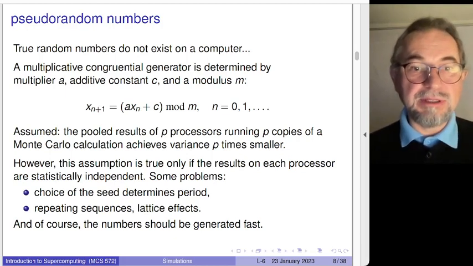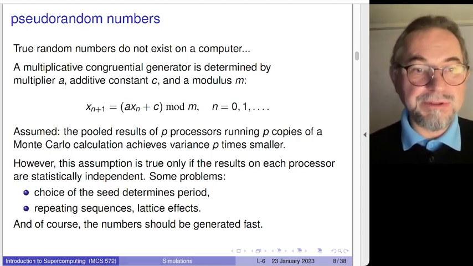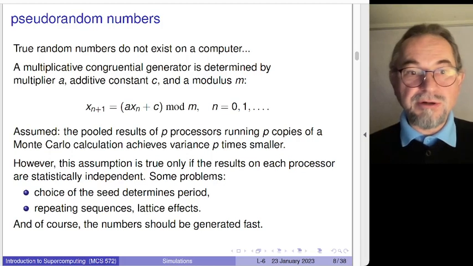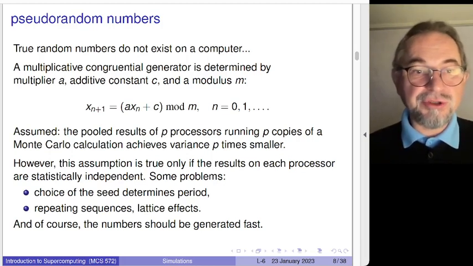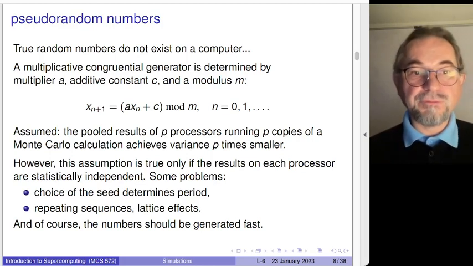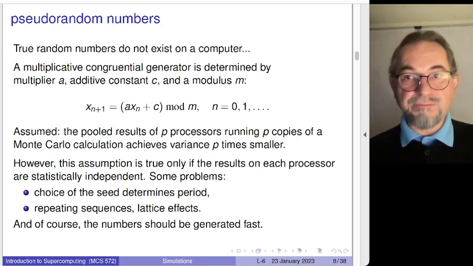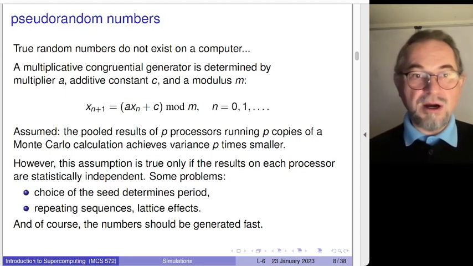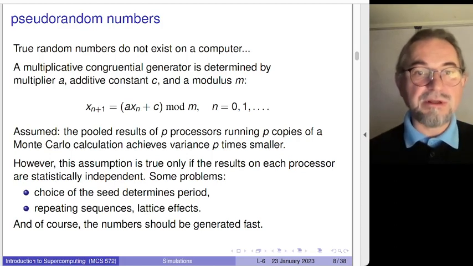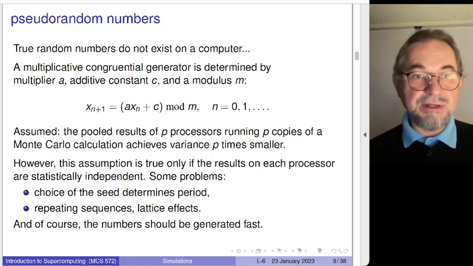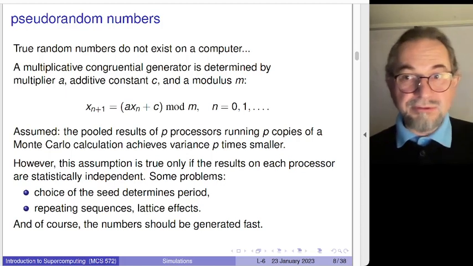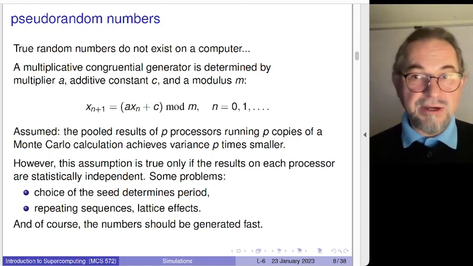However, and here is where there are two problems. Your random number generators should first of all be all independent. So one needs to be careful about how one starts a sequence like this. So in some sense, a pseudo-random number is actually not entirely random.